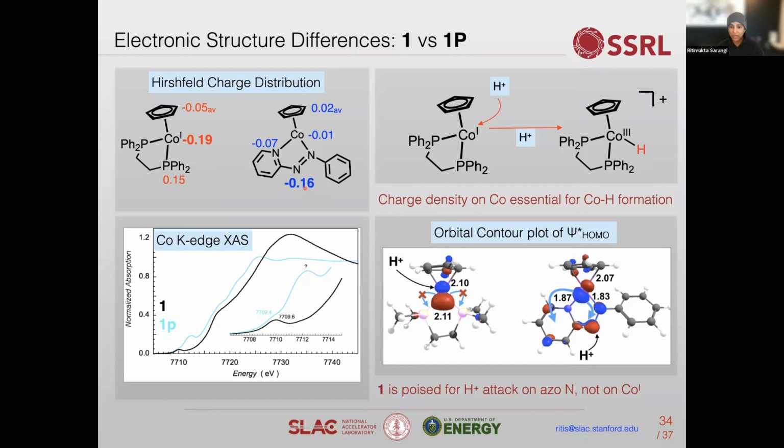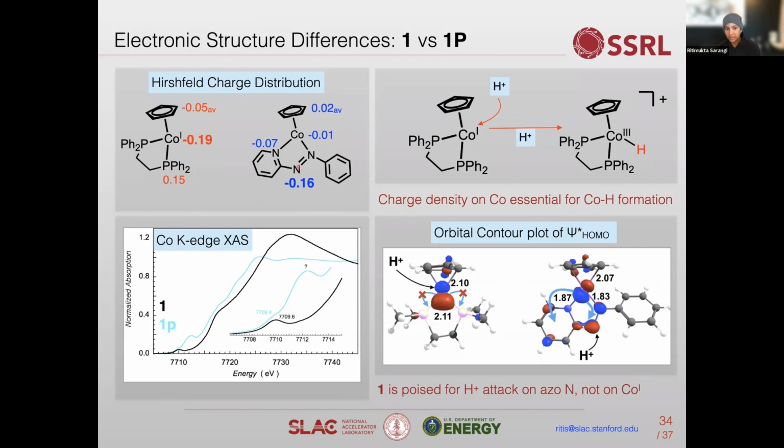The other thing that comes out of the DFT is that if you look at where the charge density is, if you look at the orbital that is going to grab this proton, when you look at this molecule again, the phosphine-based ligand, all that density sits on the cobalt. So the cobalt has a negative charge and is primed to grab that proton.